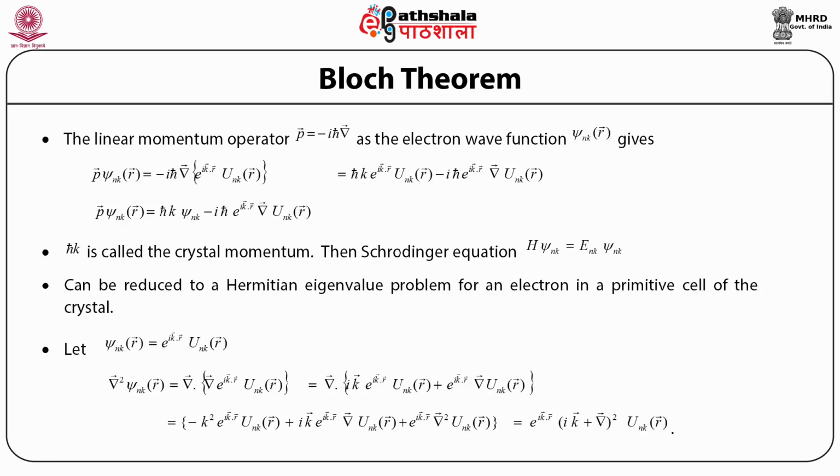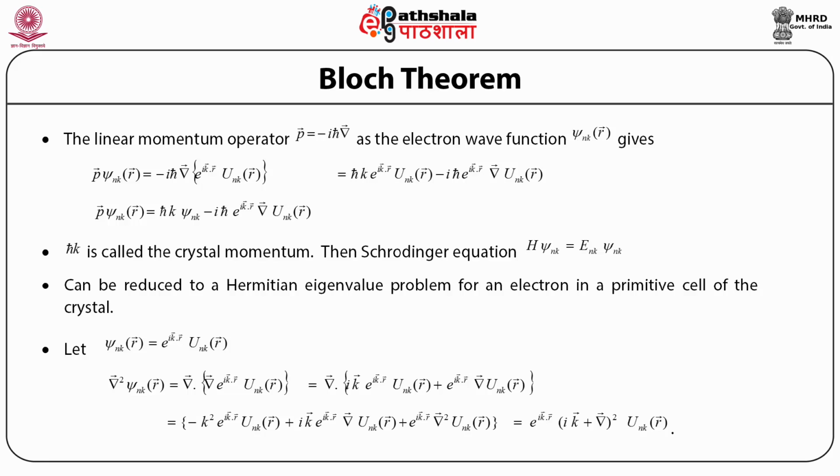That means the momentum operator acting on the wave function psi_nk projects out h-bar k psi_nk plus the second term, minus i h-bar e^(ik·r) del u_nk. Now this h-bar k is not the electron momentum; it is called the crystal momentum.